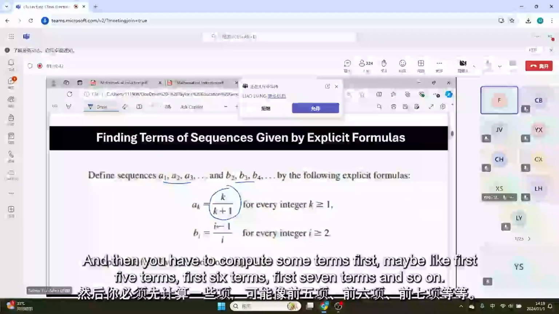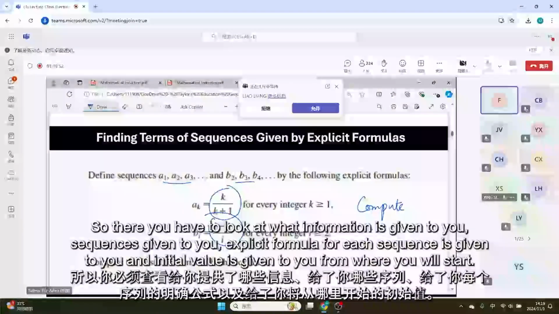Then you have to compute some terms, maybe the first 5 terms, first 6 terms, first 7 terms, and so on. So there you have to look at what information is given to you: the sequence, the explicit formula for each sequence, and the initial value from where you will start.